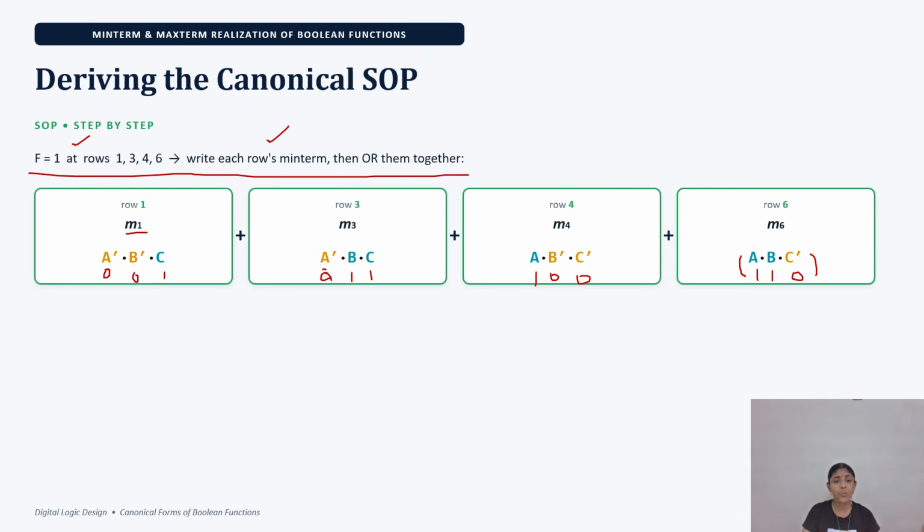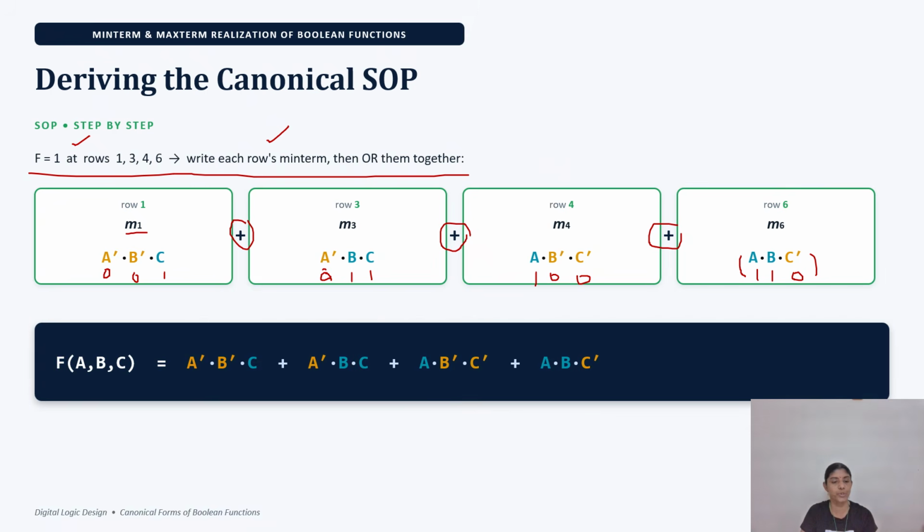Right? What symbol do you have to use? You have to use an OR symbol. So that's why I have used the plus symbol here. So you have to write each row's minterm, then OR them together. What will be your resultant? A' B' C' plus A' B C plus A B' C' plus A B C'.